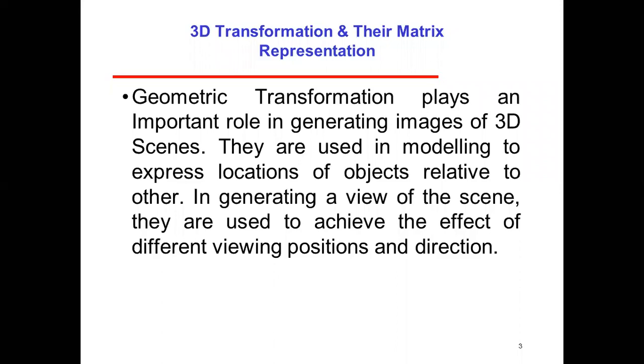Whenever we talk about an arbitrary point, suppose we have an object far away from the origin, in the 2D plane, and we are going to rotate it. That is called rotating the image or object about an arbitrary point.